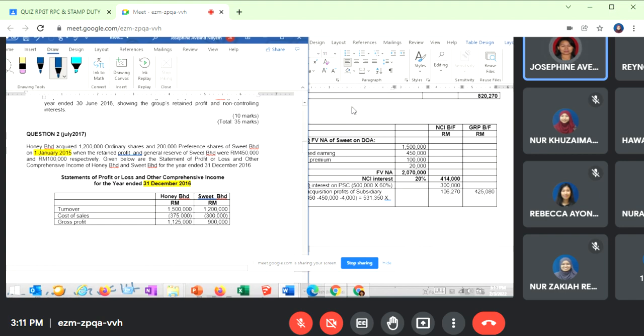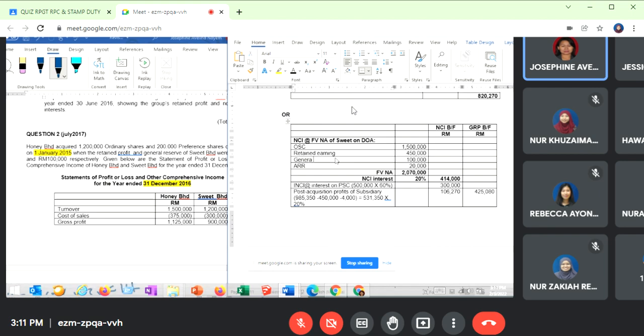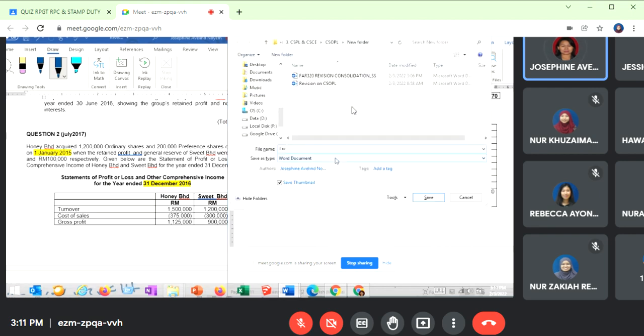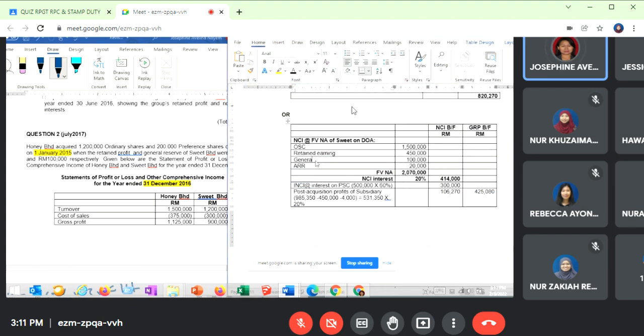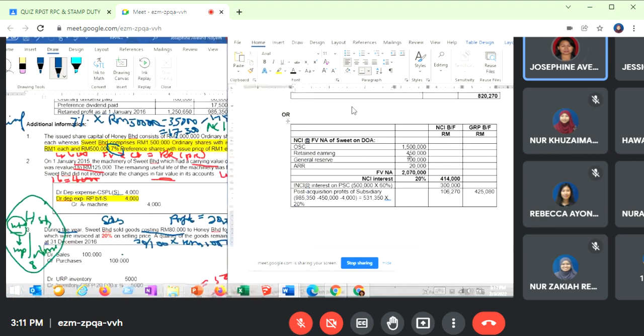And there is a general reserve, so there's no share premium here, but general reserve of 100. And also the asset revaluation reserve of Suite is here, which is 10,000, sorry, 20,000. So that is the fair value net asset of Suite on acquisition date, and NCI share is 20%.